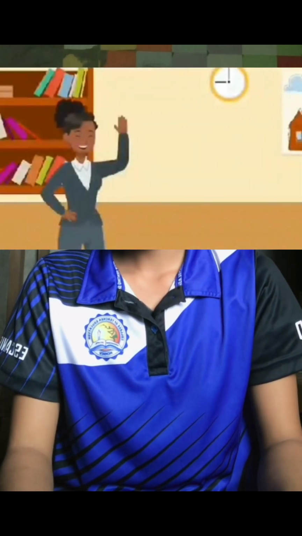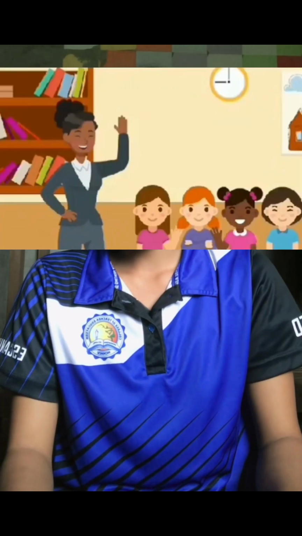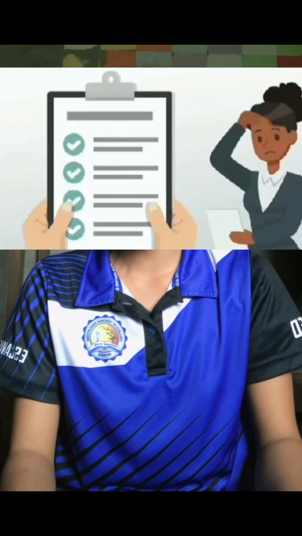When combined, these aids create a multisensory learning environment that helps students express themselves, follow instructions, and participate confidently in classroom activities. So we will now proceed to the third one.